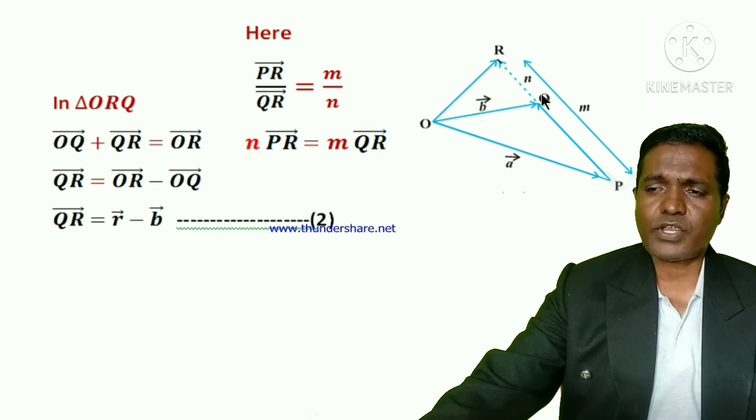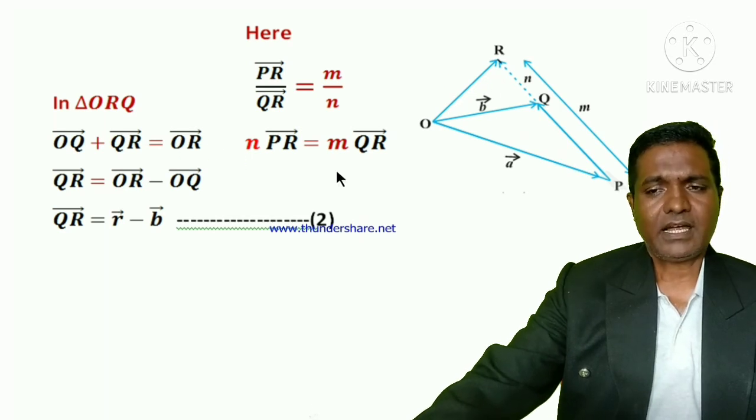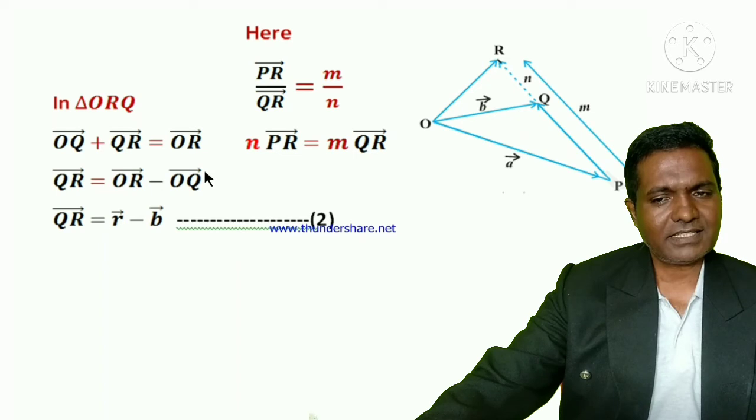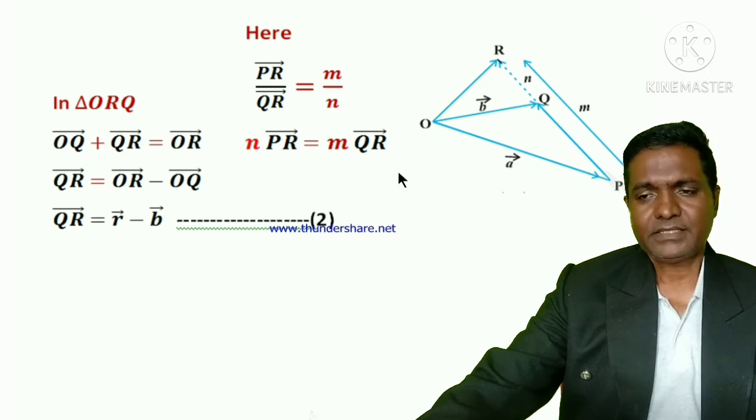So vector OQ plus vector QR is nothing but vector OR. Our aim is to find QR. So QR is equal to OR minus OQ, transferring OQ to this side. Vector OR is denoted by R, and OQ means vector B.